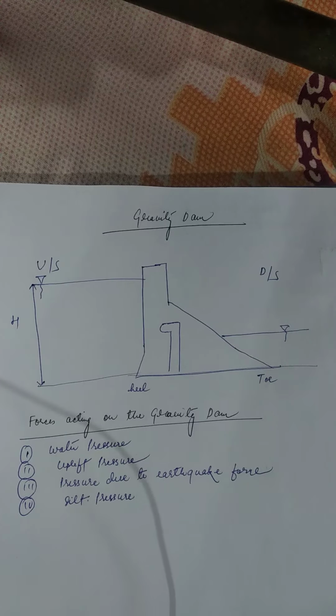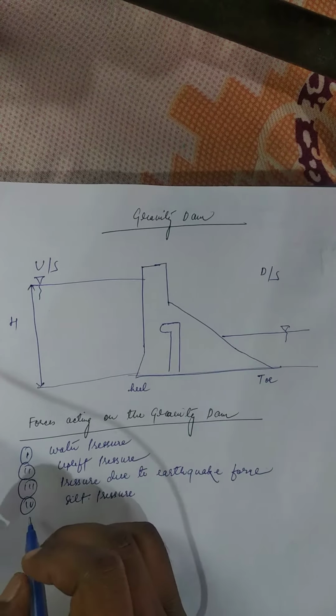When water reaches the dam and stills over there, due to the effect of gravity it settles down to the base of the dam, also at the face of the dam. So it also exerts some sort of pressure, which is called the silt pressure.